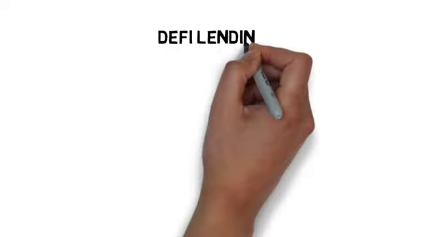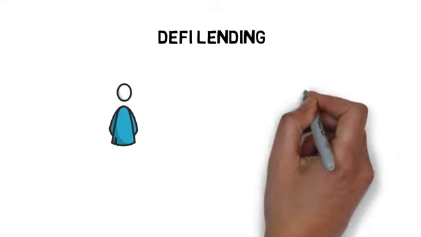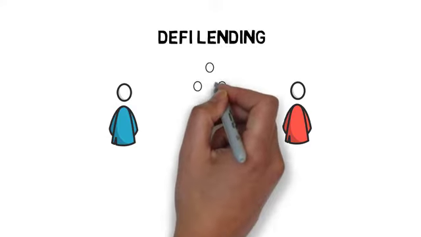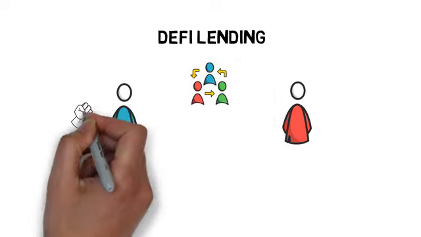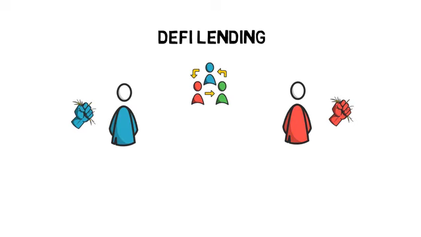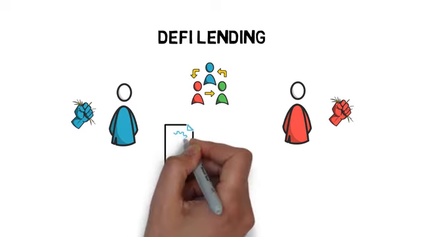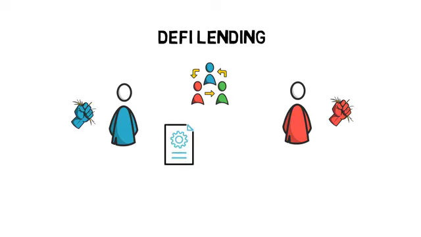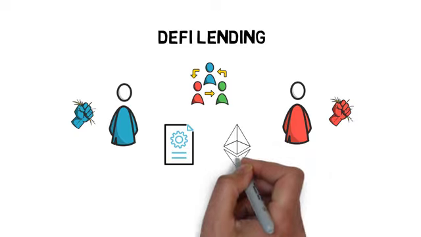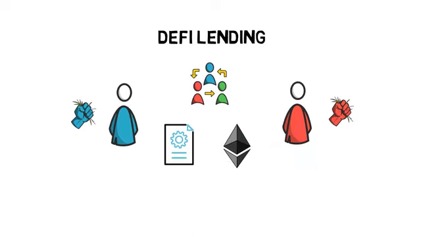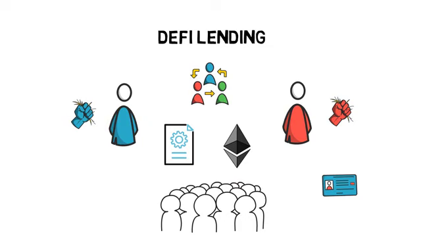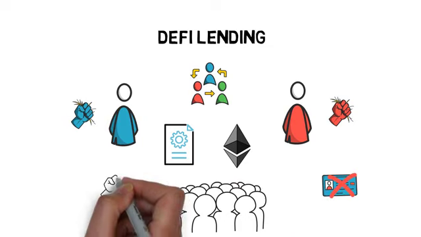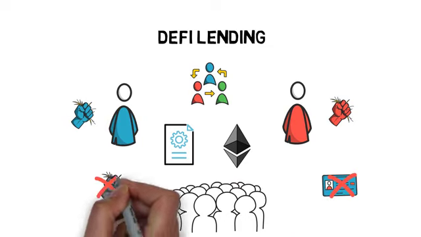DeFi lending allows users to become lenders or borrowers in a completely decentralized and permissionless way while maintaining full custody over their coins. DeFi lending is based on smart contracts that run on open blockchains, predominantly Ethereum. This is also why DeFi lending, in contrast to CeFi lending, is accessible to everyone without a need of providing your personal details or trusting someone else to hold your funds.